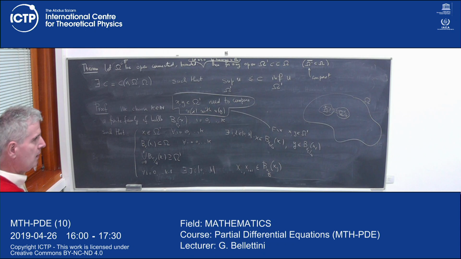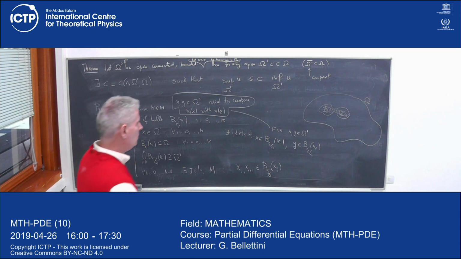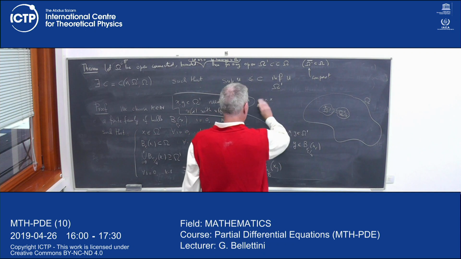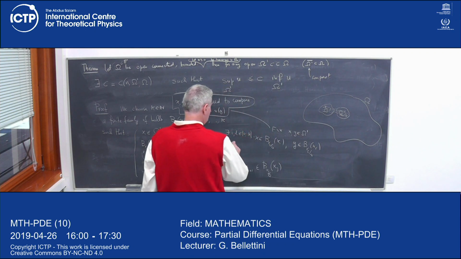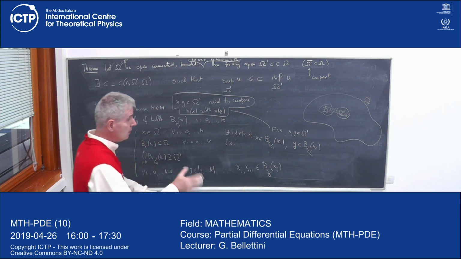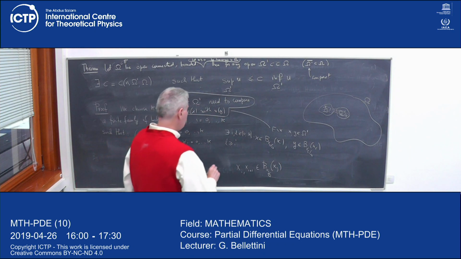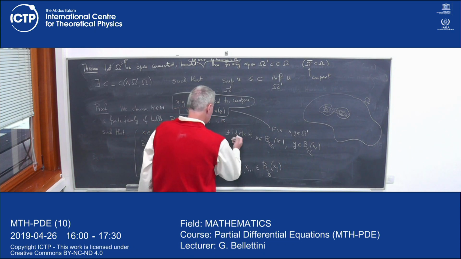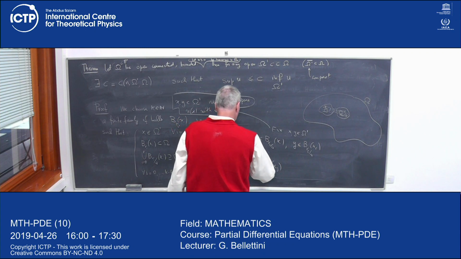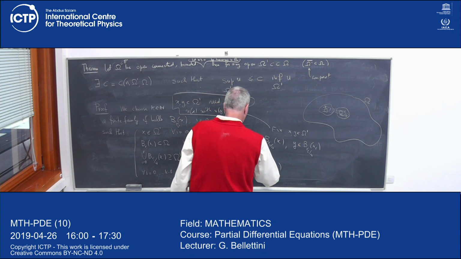And now we start to write the connection. Suppose that l is larger or equal than i. Otherwise, there is an easy modification. So we can assume l larger or equal than i.